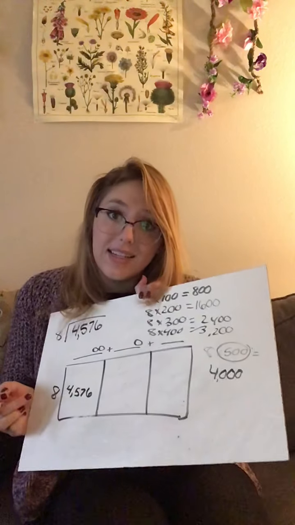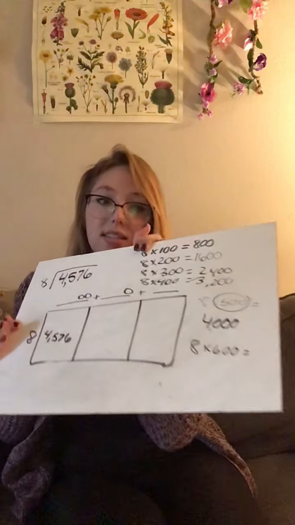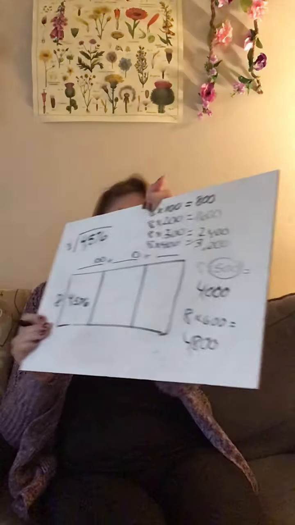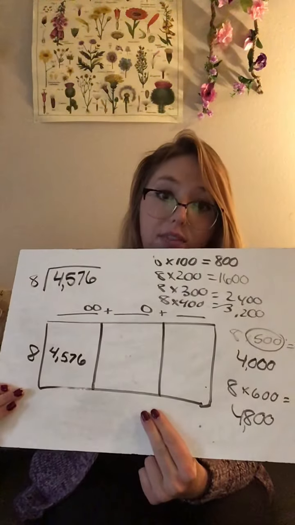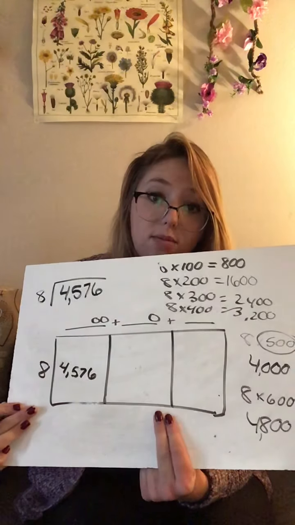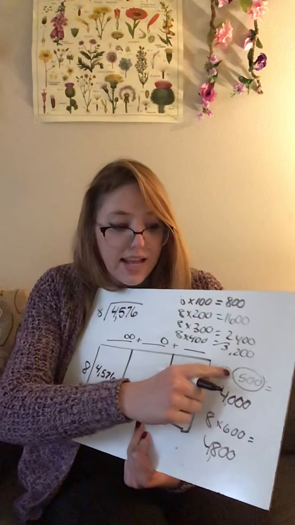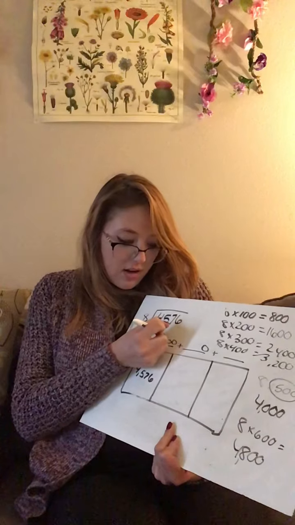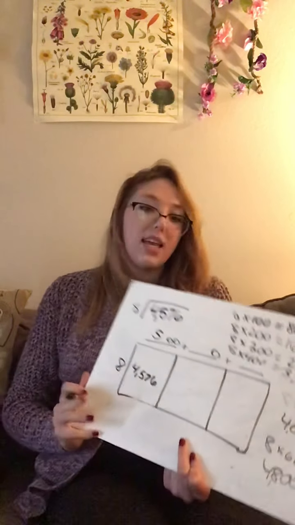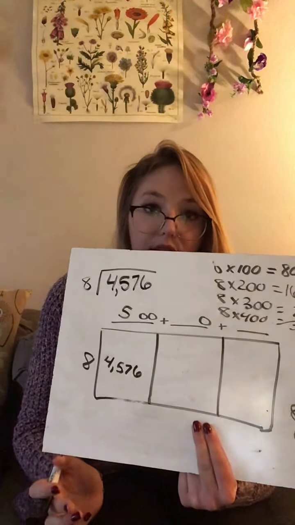Let me try 8 times 600 and see. 8 times 6 is 48 with 2 zeros. That's 4,800. Uh-oh, 4,800 is definitely too big. So the number I'm looking for is 500. 8 times 500 is the closest I can get to 4,576.